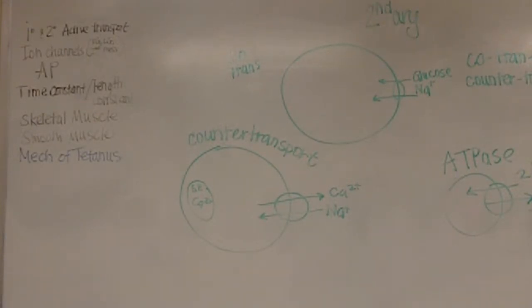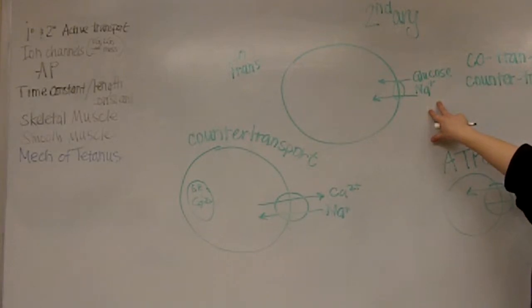So you're scooting more and more sodium out and making the concentration of sodium on this side way higher. If this quit working and you didn't have as much sodium on the outside, then it wouldn't want to come in. If it doesn't really want to come in, it can't take these things with it.